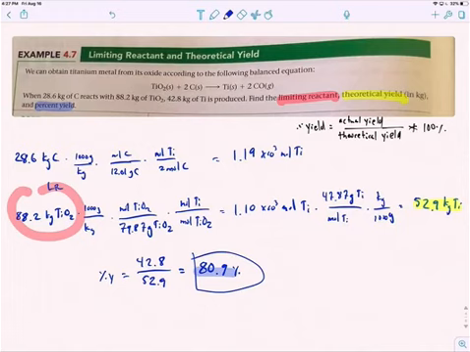Okay, so recap with this one. We are given two reactants, and then we went and found the theoretical yield from that, and we were given the actual yield, and then we found the percent yield based off of that.